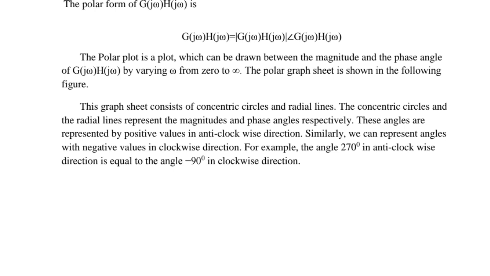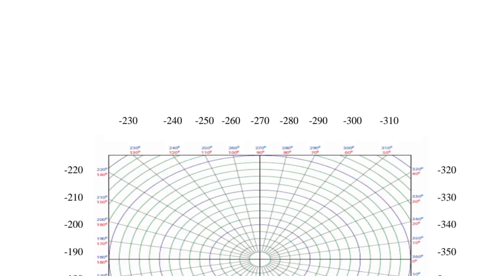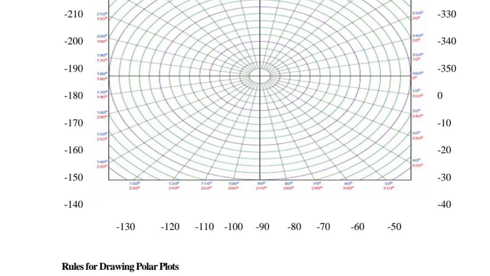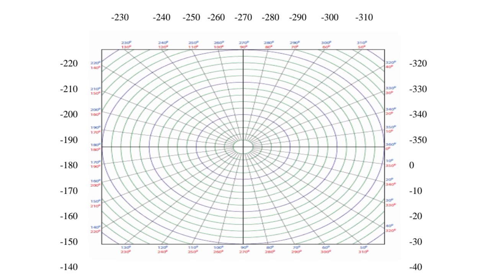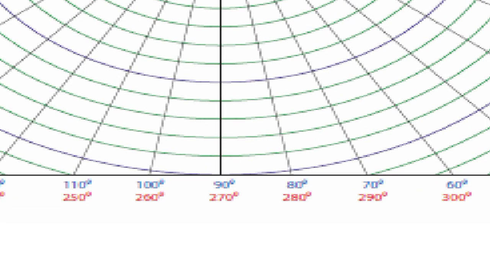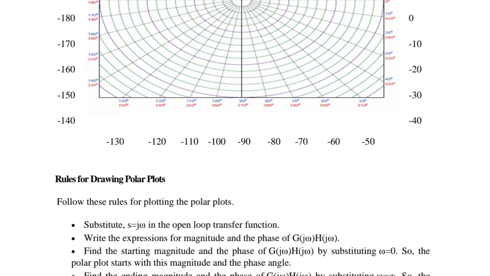For example, the angle 270 degrees in the anti-clockwise direction is equal to minus 90 degrees in the clockwise direction. You can see that here. So now this is the polar graph.